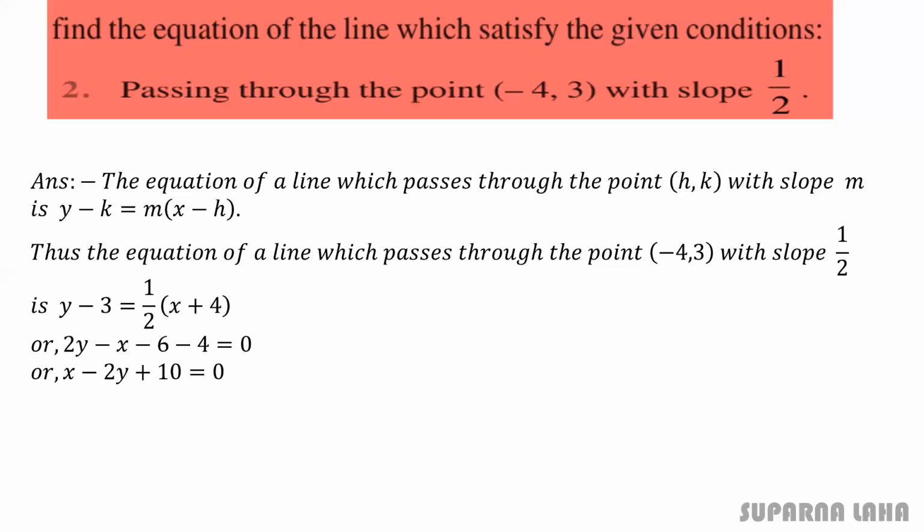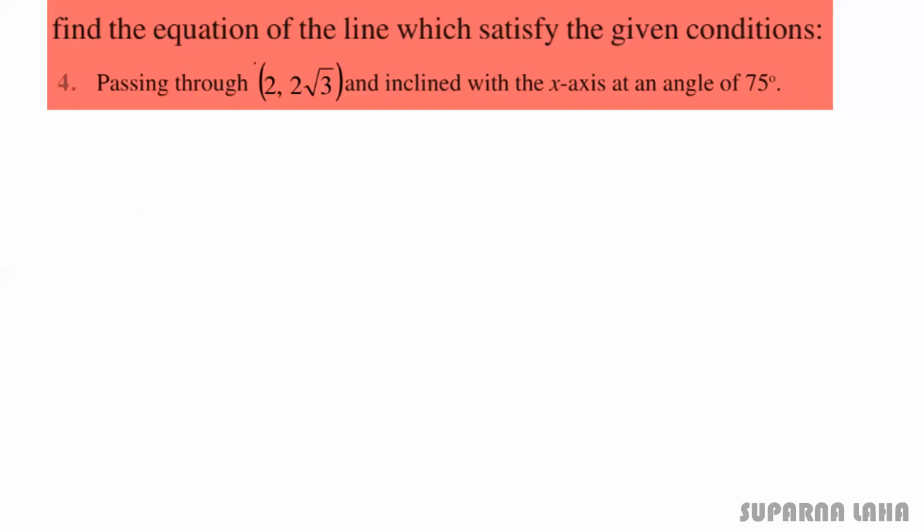Moving to the next question. Find the equation of a line which is passing through a point and inclined with the x-axis at an angle of 75 degrees. So the straight line makes an angle of 75 degrees with the x-axis. That means theta is given and one point is given. If theta is given, we can easily find the slope of the line.